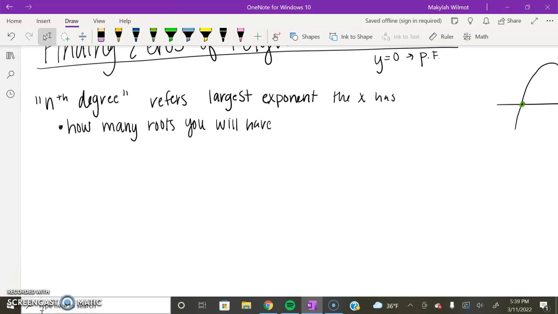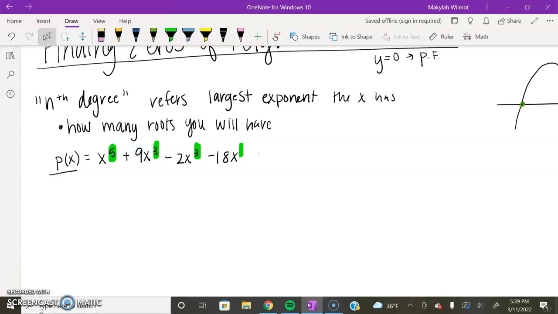Okay, so for example, p of x, which is just one way to say a function. So the function p of x is x to the 5th plus 9x cubed minus 2x cubed minus 18x. So our exponents are 5, 3, 3, and 1.